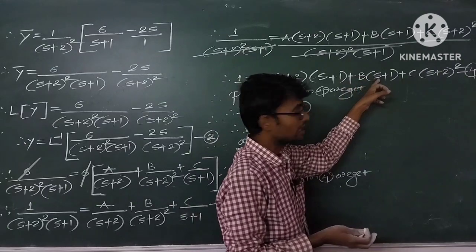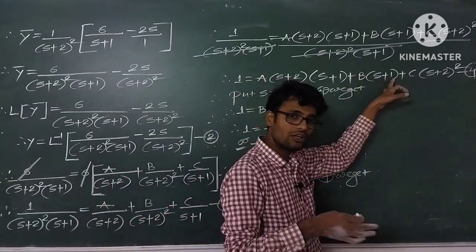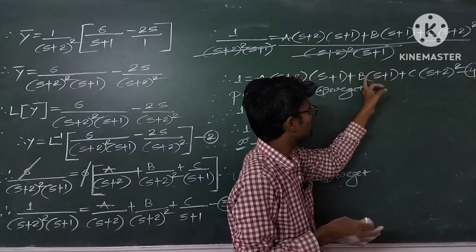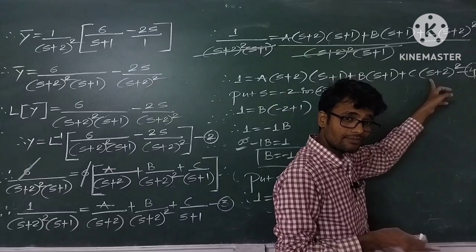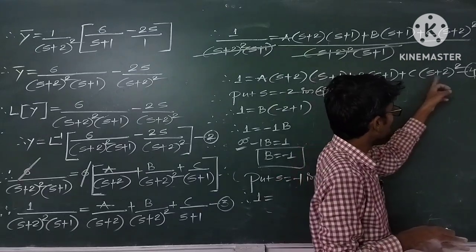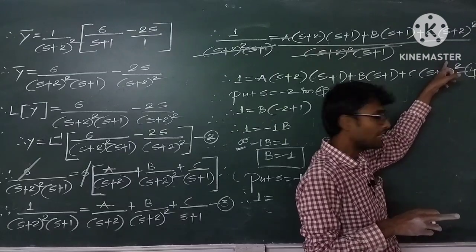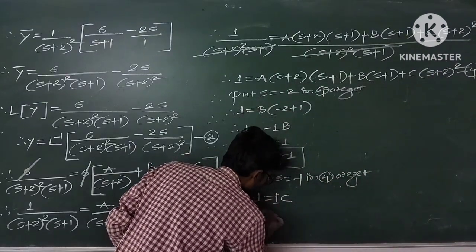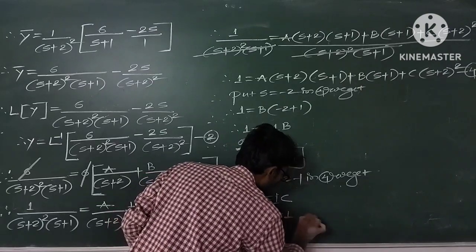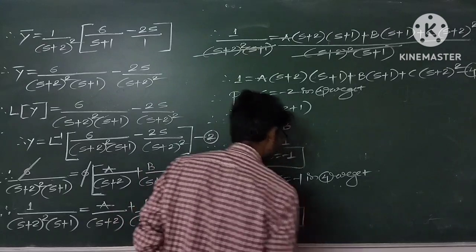Next B into (s plus 1): s is minus 1, minus 1 plus 1 is 0, 0 into B is 0. Next, s is minus 1 in this one, so minus 1 plus 2 is plus 1, 1 whole square is 1, 1 into C is 1C, so 1C is equal to 1, or C is equal to 1. So now you got the second constant, that is C.